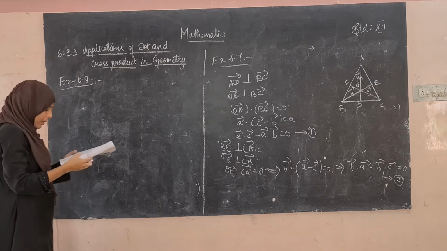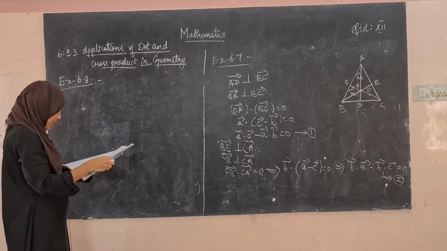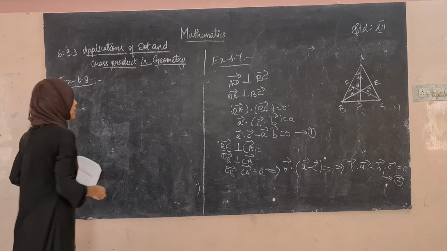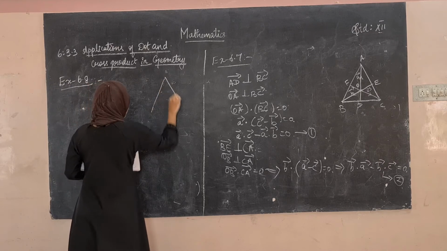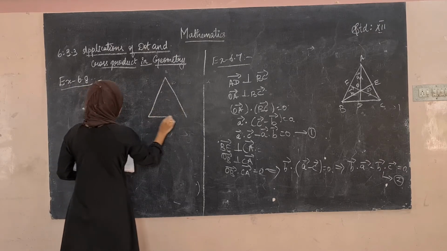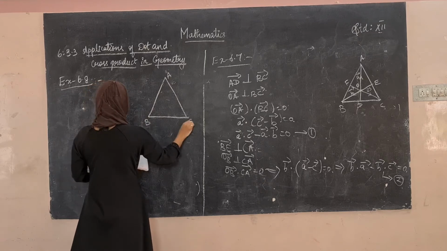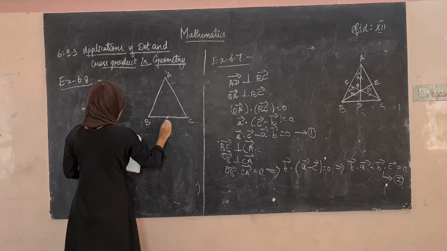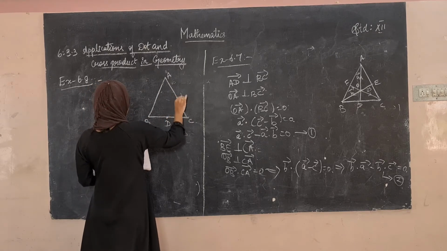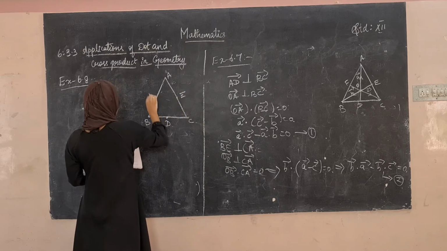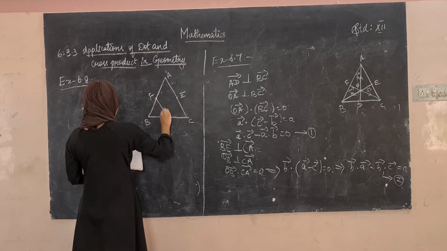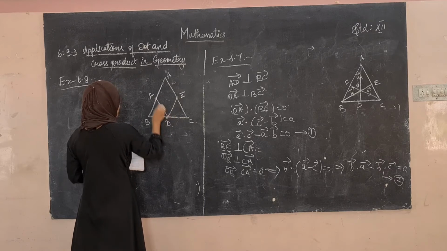In triangle ABC, the points D, E, F are the midpoints of the sides BC, CA and AB. Okay, so this is the triangle ABC. D is the midpoint of BC and E is the midpoint of AC and F is the midpoint of AB.